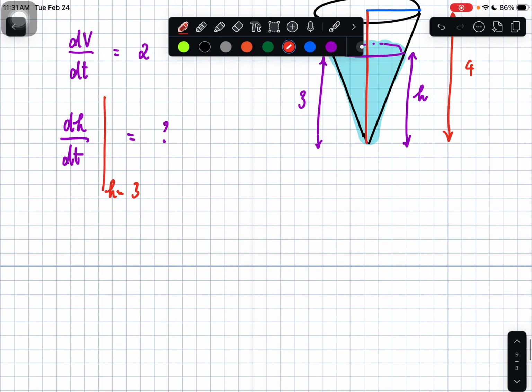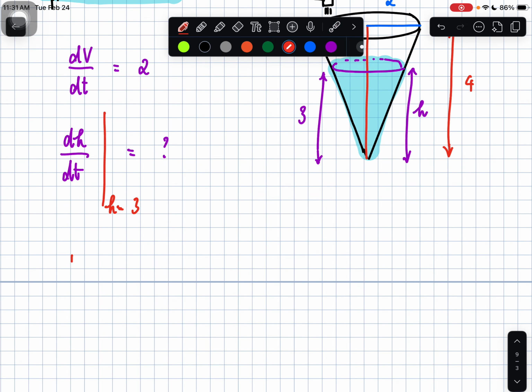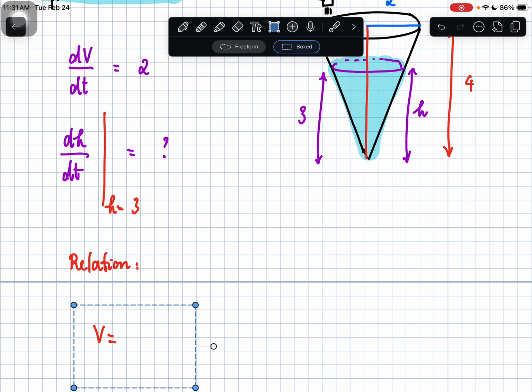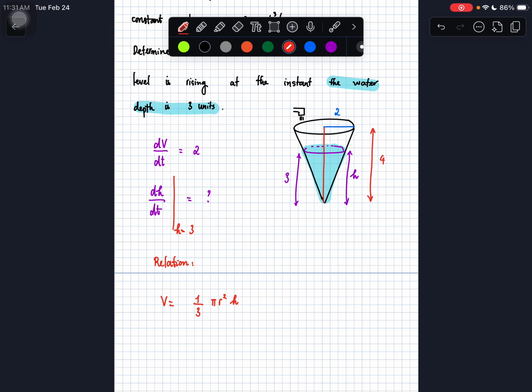Now set up the relation between V and h. The volume of this cone equals 1 over 3 pi r squared times h.